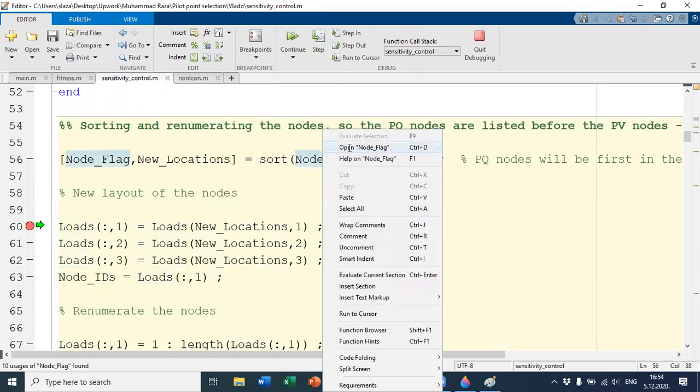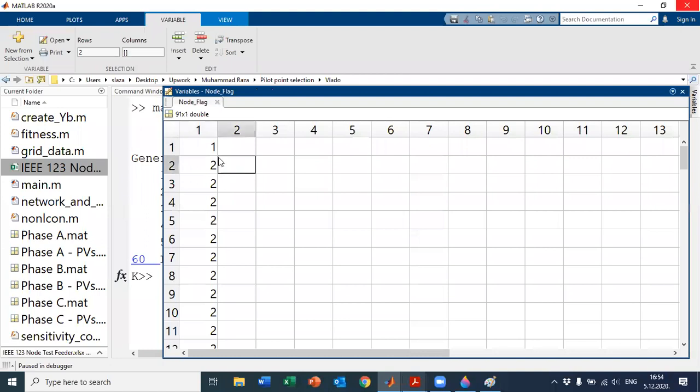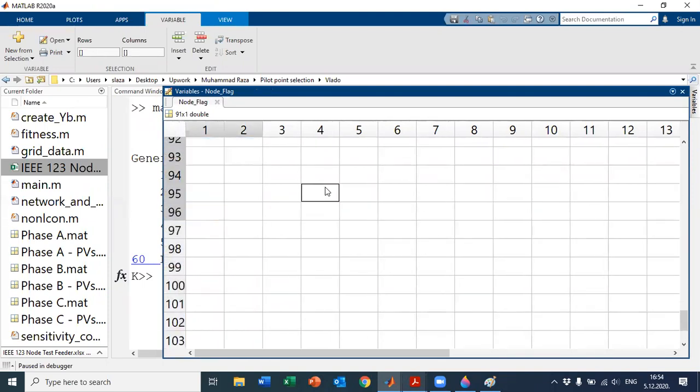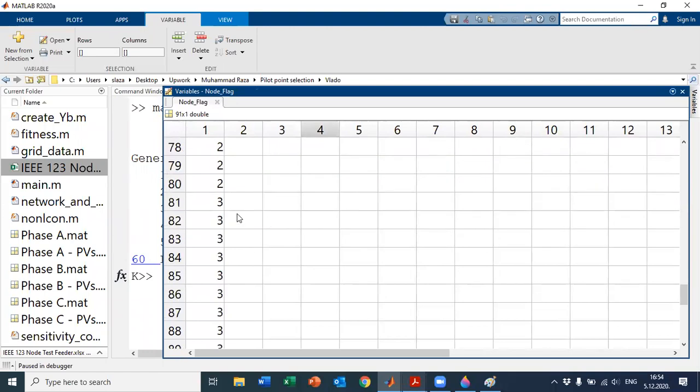Yeah, so the node flag, if we open it, it has the values from 1 to 3. And you can see that 1 is at the start and everything else is 2, all the way till 3. And the value 3 starts only after 2.